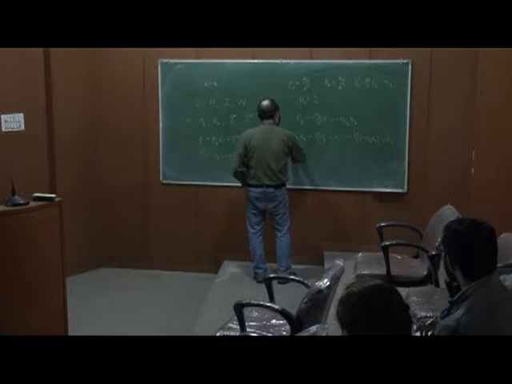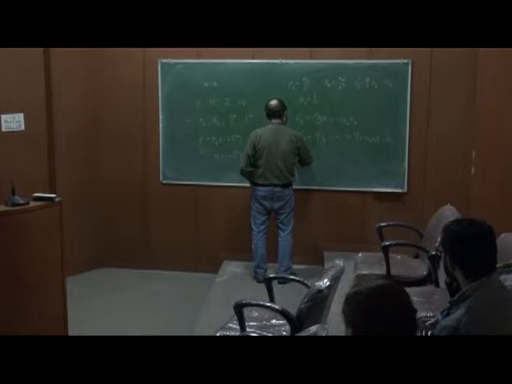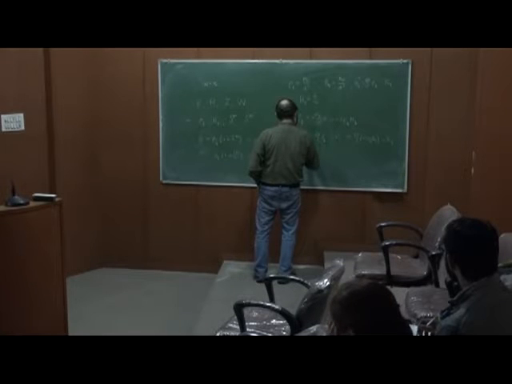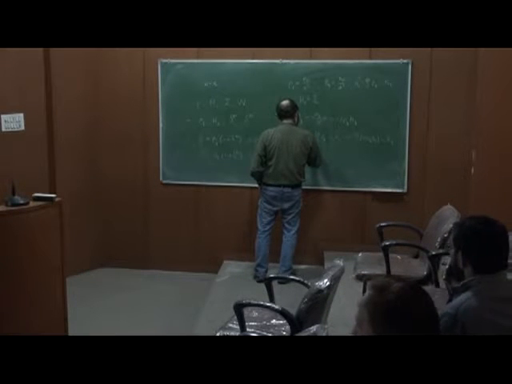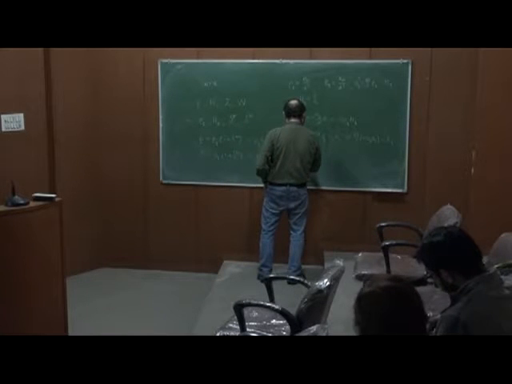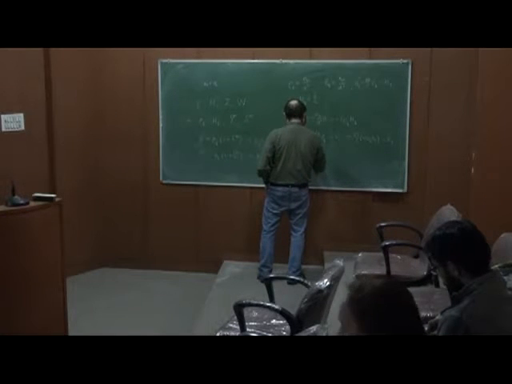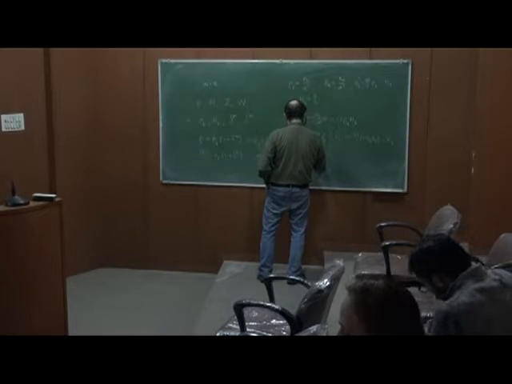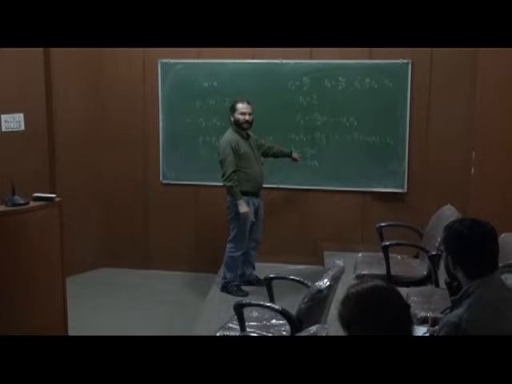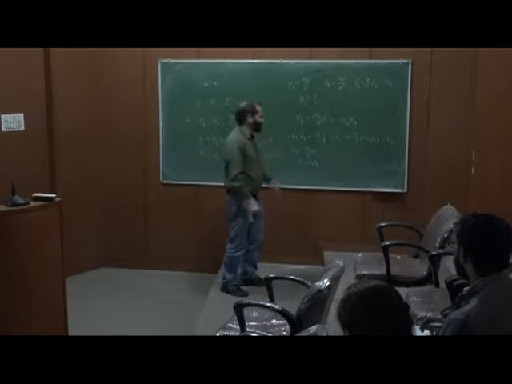Now, kq dot is equal to minus 2 kq 0 aq dot, right? But this is nothing other than minus 2 kq hq, right? You see this? Very simple derivative.